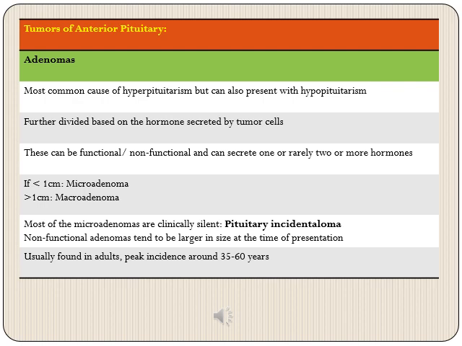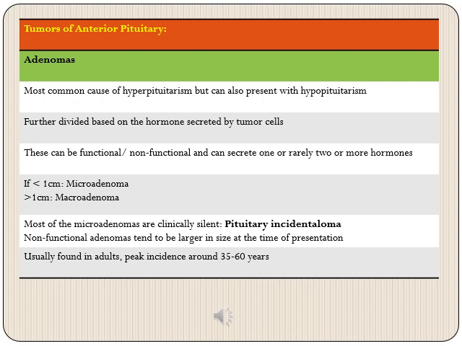We have already discussed that these tumors can be functional or non-functional, although functional ones tend to be more common, and they usually secrete one type of hormone normally present in the anterior pituitary, but at times they can secrete two or more hormones.